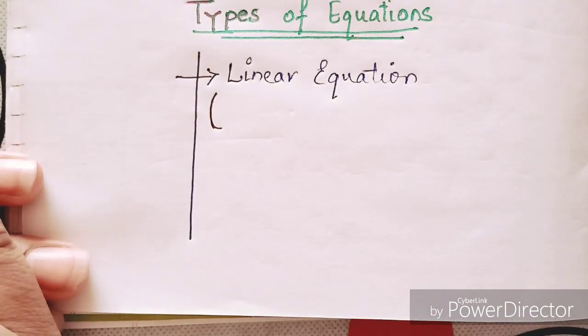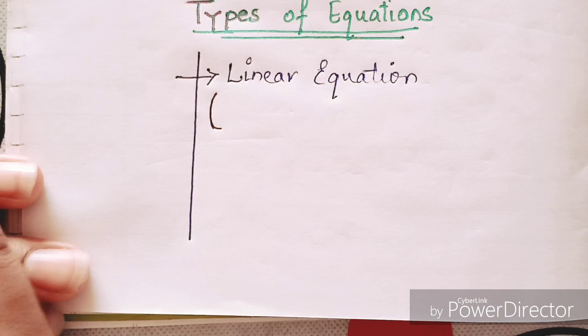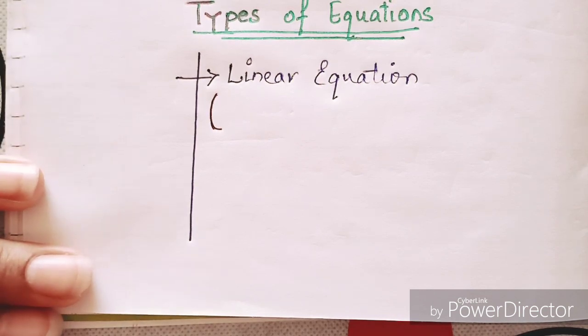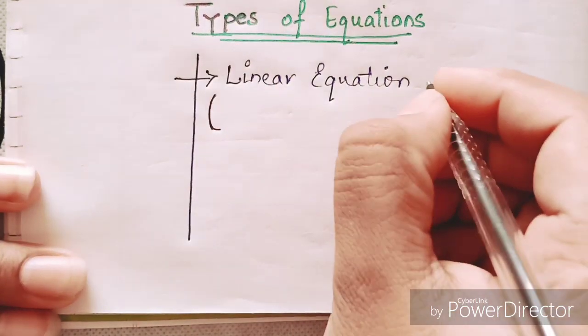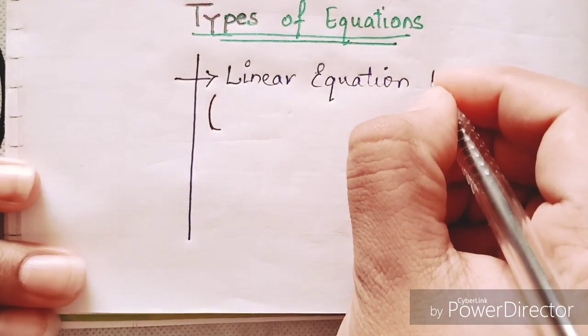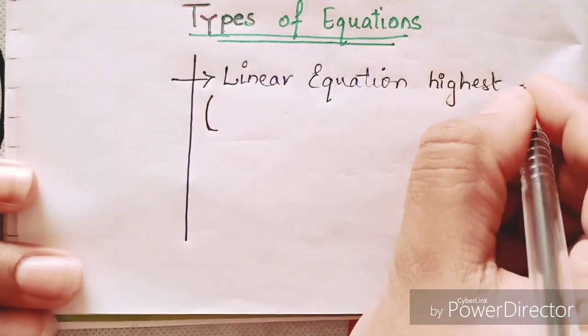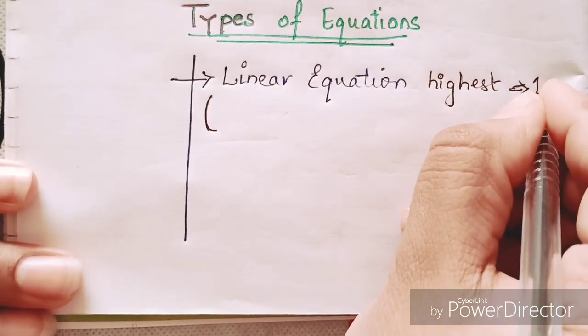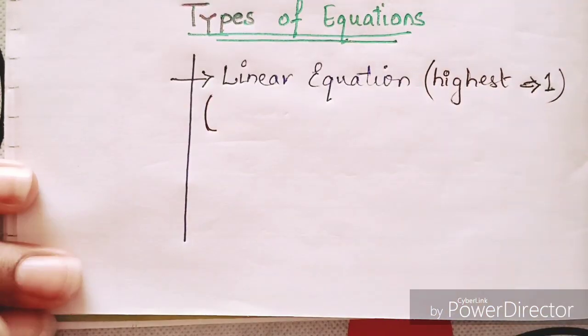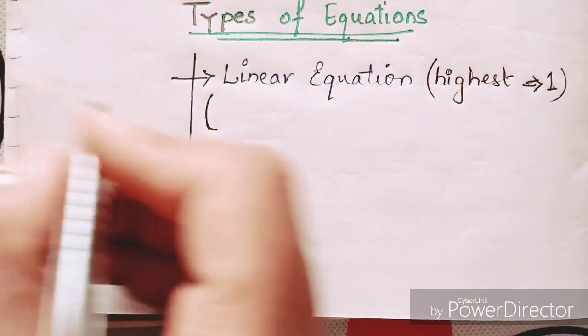Now, why is an equation called a linear equation, or which equations are popularly known as linear equations? The equations in which the highest power of the variables is 1.